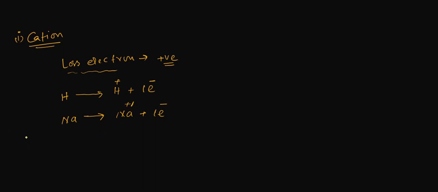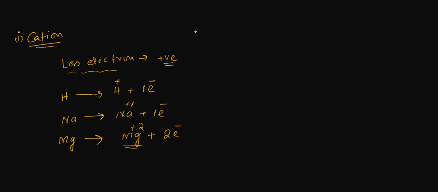For magnesium, in the neutral state, as it belongs to the second group, it has 2 electrons in its outermost shell, so it loses 2 electrons. When it loses 2 electrons, the charge will be plus 2, and it will form a magnesium ion.